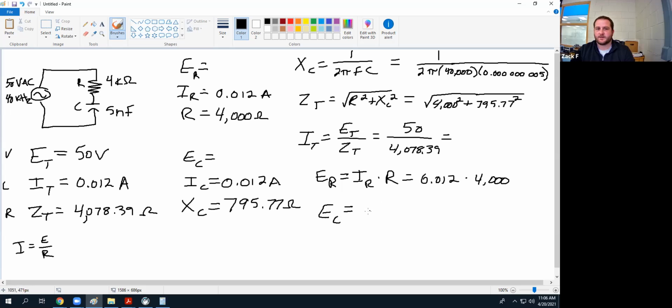And voltage across the capacitor equals current through the capacitor times capacitive reactance.